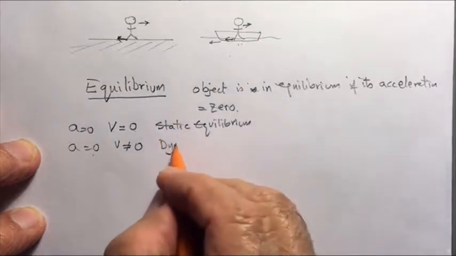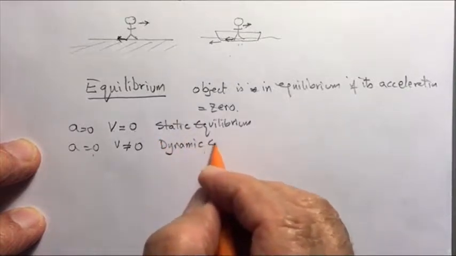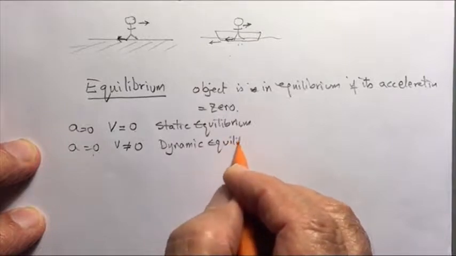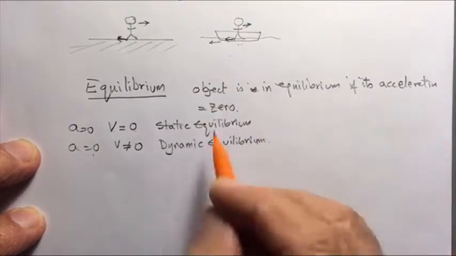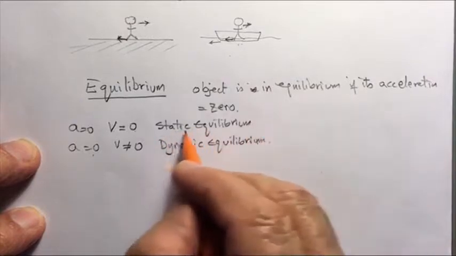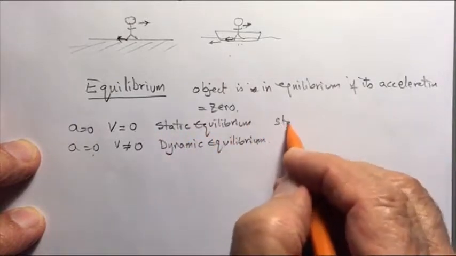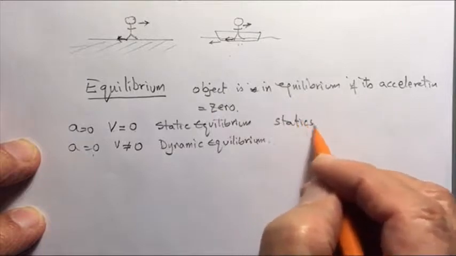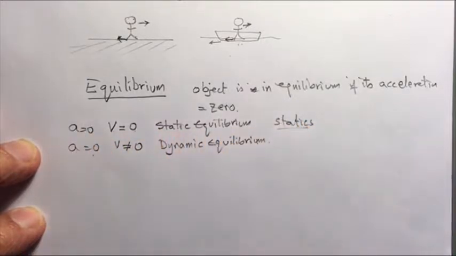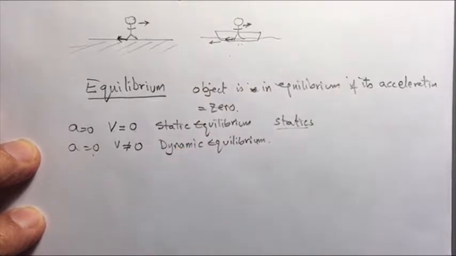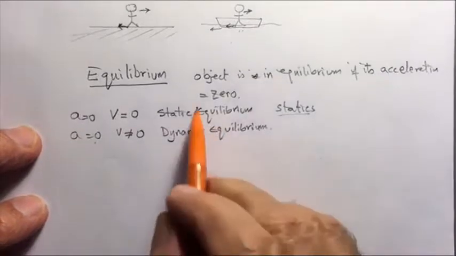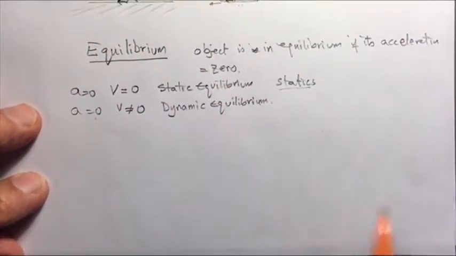This is called dynamic equilibrium. Now, for engineering courses, there's a course called statics, and that deals basically with static equilibrium. And there is also a whole course on dynamics, which would deal with dynamic equilibrium. I think the static equilibrium course will be compulsory for most everybody.